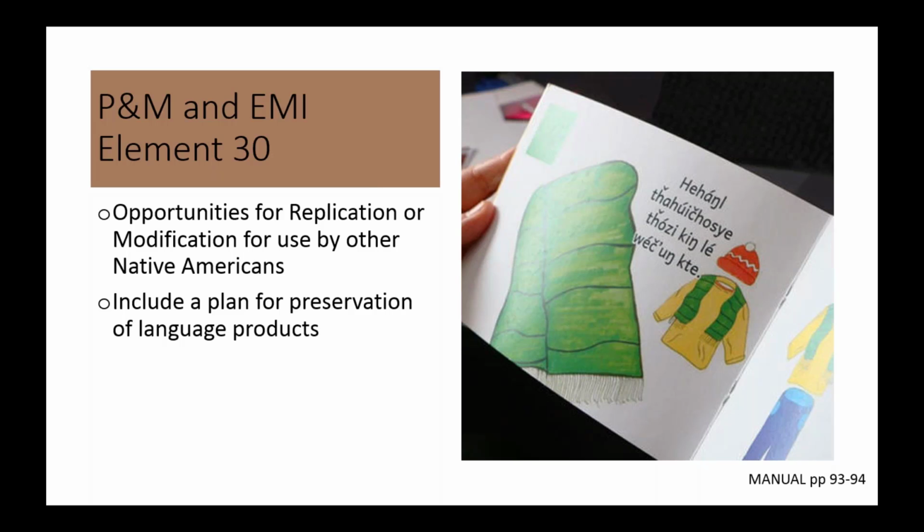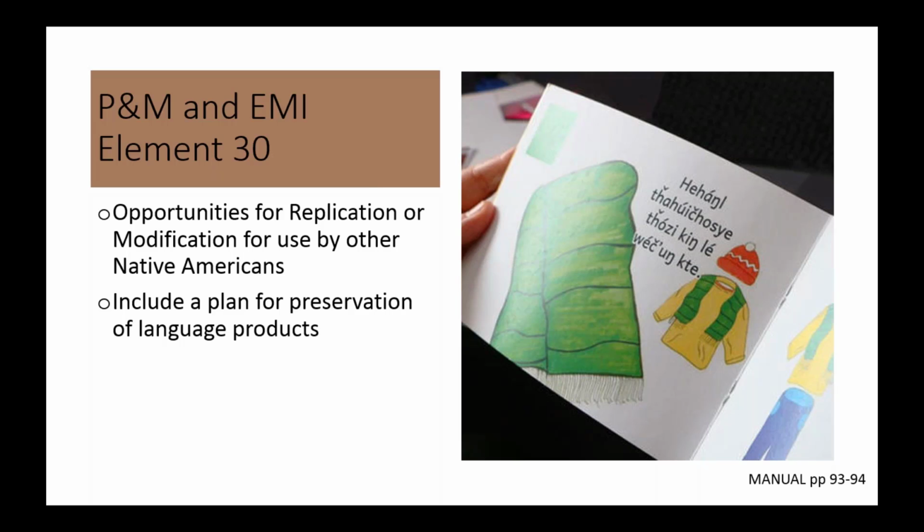And then you should also identify those areas where you have cultural and intellectual property ownership, and you don't really want to share that. You can also identify that too, but mainly you want to provide a plan on how other tribes can use your materials and adapt it to their own language, so that there's a plan to be shared between other tribes.